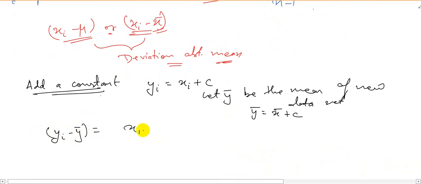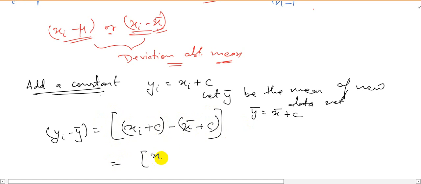It would be xi plus c for yi, minus x dash plus c for y dash, right? So we just open the brackets and get xi plus c minus x dash minus c. This c gets cancelled, and we are left with xi minus x dash.